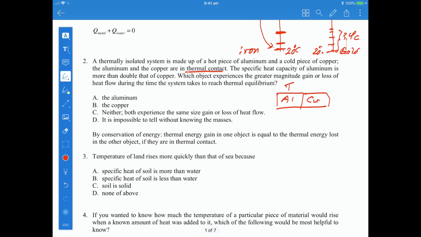All we know is if there's a heat flow from one metal to the other material, either from aluminum to copper or from copper to aluminum, they both have the same size of gain or lose heat flow. So the answer is C.